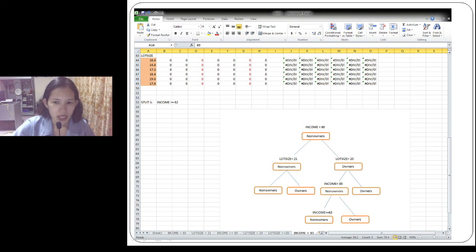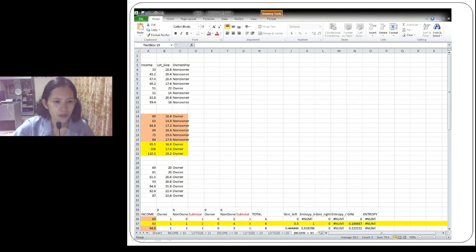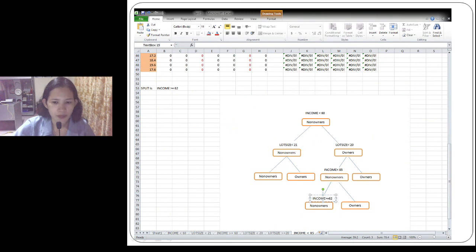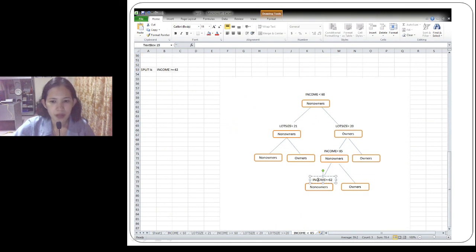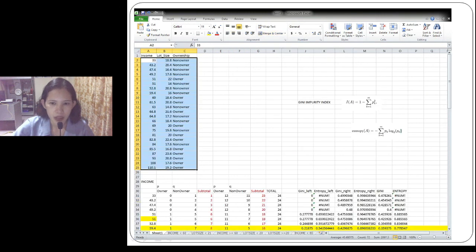So the condition will be income is greater than or equal to 62 for non-owners. Okay, for non-owners. This is our final classification tree using the GINI impurity measures.